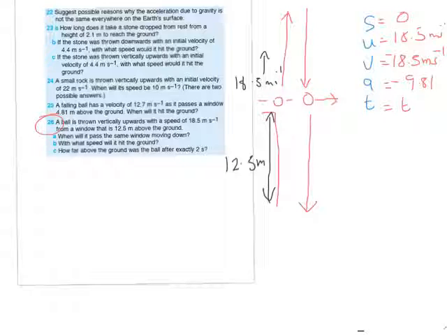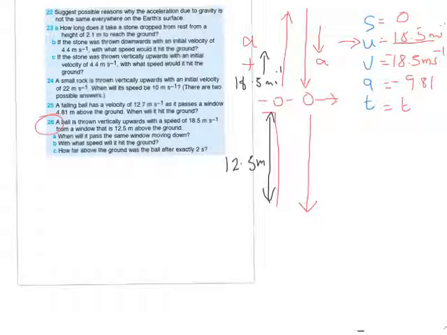Here we have an acceleration which we've assigned as being positive because the direction this way we are taking as positive, and the reason is that we've written the initial velocity as positive. So this acceleration is positive and this one is negative.